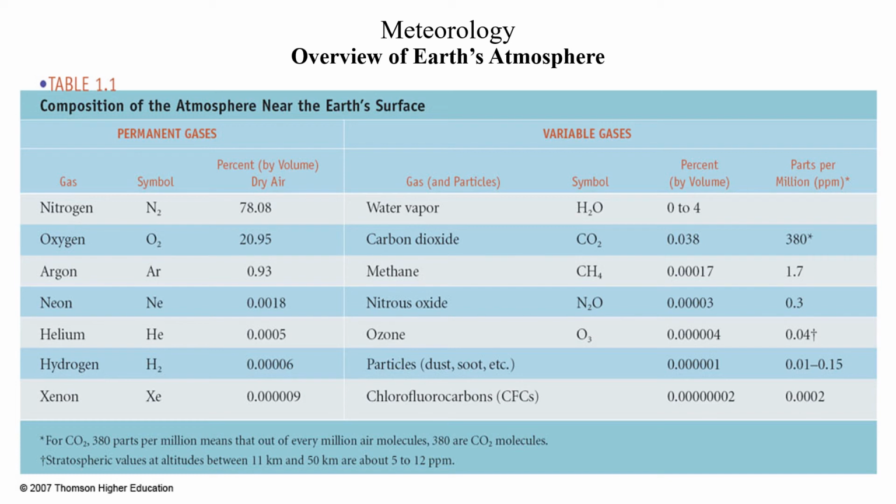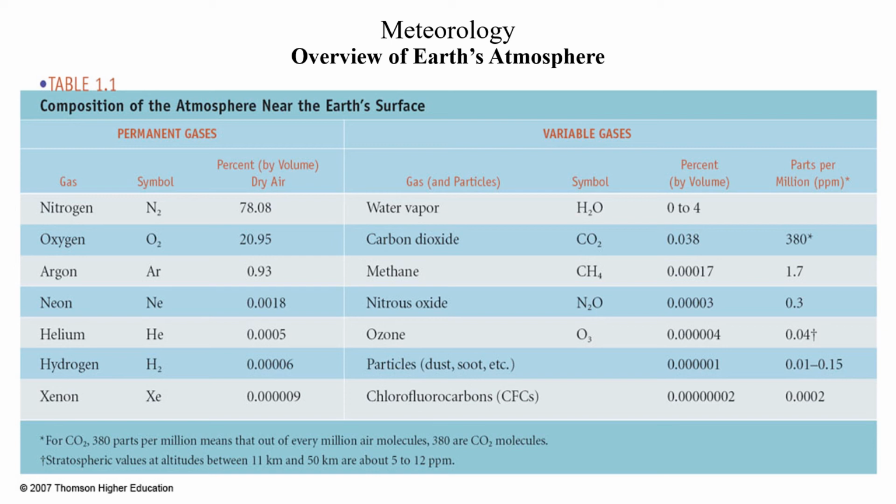Another variable gas is ozone. It is a minor but vital gas in the atmosphere, a molecule made up of 3 oxygen atoms instead of the more common 2 oxygen atoms. Ozone is concentrated in a layer of the atmosphere called the ozone layer, and this layer is situated in the second layer from the surface, the stratosphere, which lies between 15 to 48 kilometers above the surface.